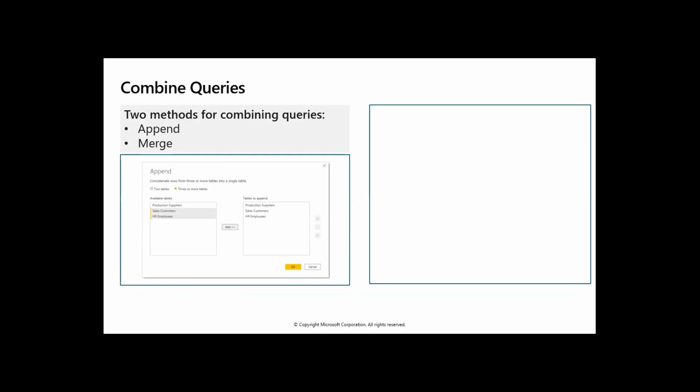The ability to combine queries is powerful because it allows you to append or merge different tables together. Append is when you are putting one table at the end of the other. That's append. Combine is when you merge them together to become one. Let's move on.